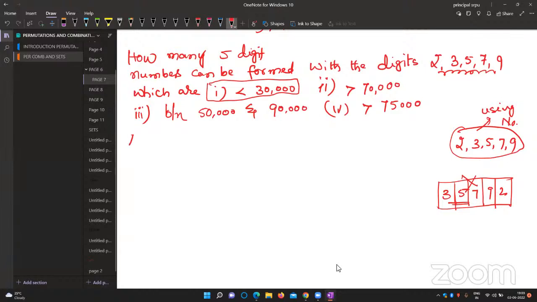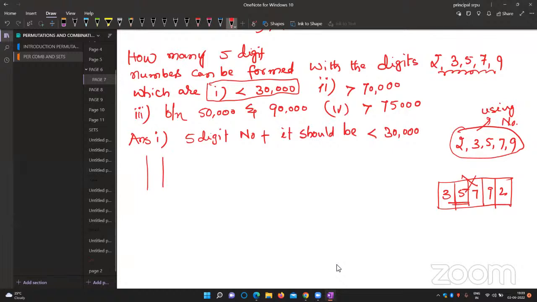So, the answer for the first question. Look here, slowly. You have to form a 5-digit number, and it should be less than 30,000. Let me form the 5-digit number. Look here, all of you.